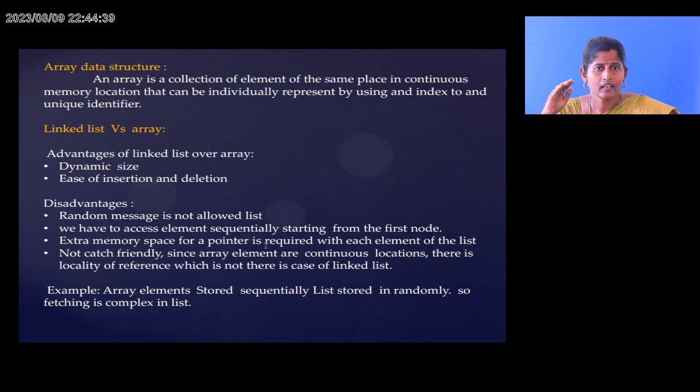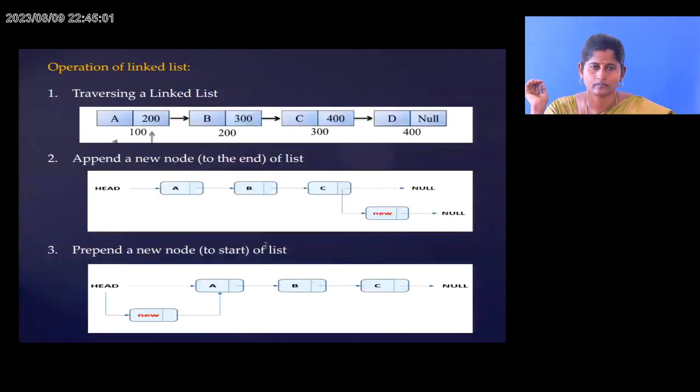So A uses the next pointer value, the B address, to fetch B, and B has the C node address and is linked with C. So based on the pointer variable only, they are linked together. But in the array, elements are stored in continuous memory locations.